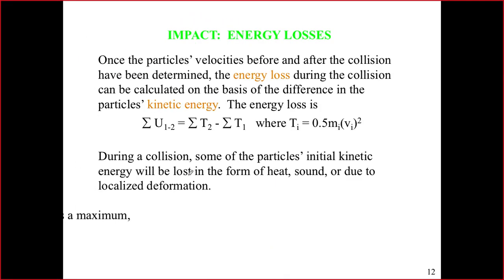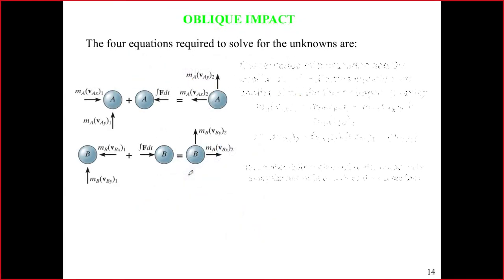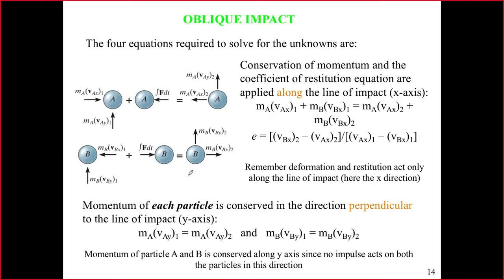Yes, I ran so far ahead. See, remember, perpendicular to the line of impact, the velocity remains unchanged because conservation of momentum holds for each particle. Whereas along the line of impact, we have conservation of momentum for the whole system and the coefficient of restitution.